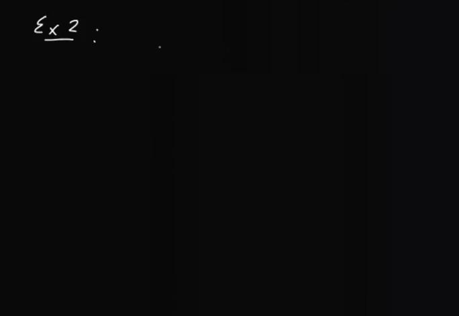Essentially, this is how the law is used. Let us now look at the second example. Say you're given two expressions, 2x squared multiplied by 6x raised to the power of 13. The terms we have to worry about here that have exponents are the x squared and the x to the power of 13.